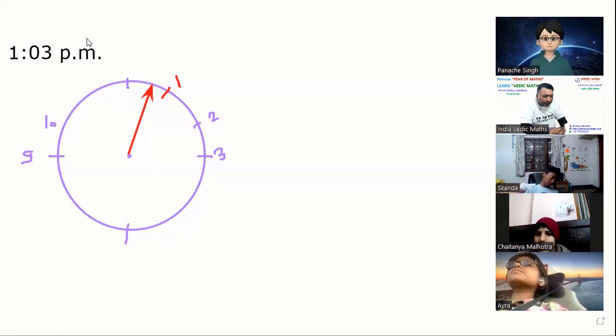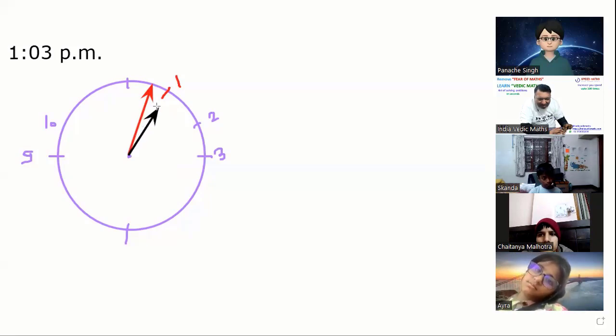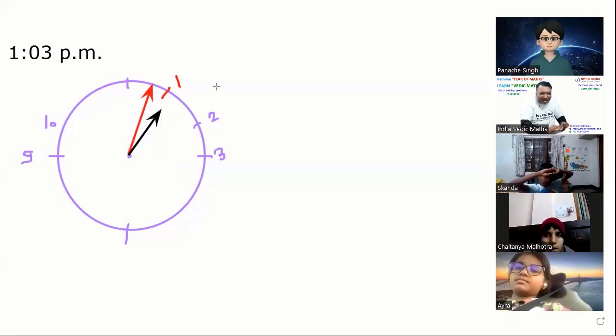Sir, it will be between 12 and 1. Exactly at 1? Yes, sir, or slightly ahead, since there are 3 extra minutes. Yes, sir. For 3 minutes it will go slightly ahead. It has to be. Correct, everybody? At 1:03 p.m. the smaller angle will be an acute angle.